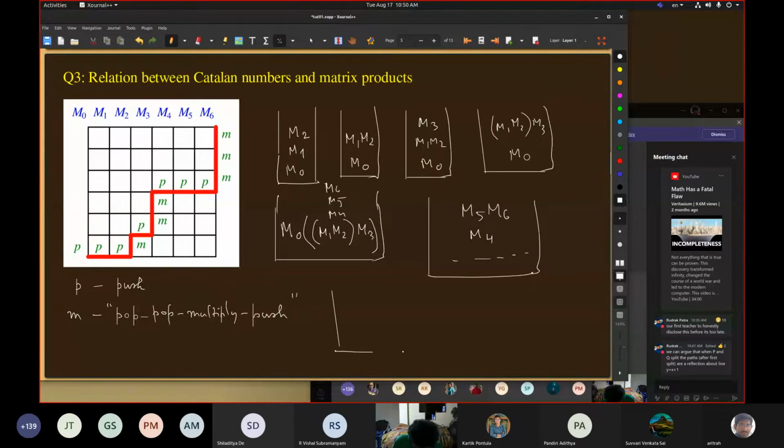Then you multiply M4 with M5 M6 and you have the same quantity, this big thing here. And in the final step, you will have the final product M0 M1 M2 M3 M4 M5 M6.